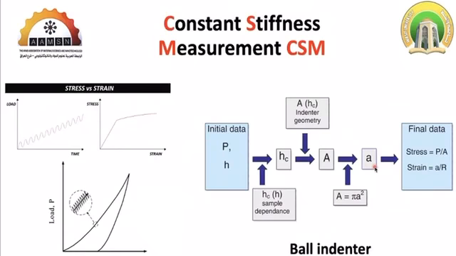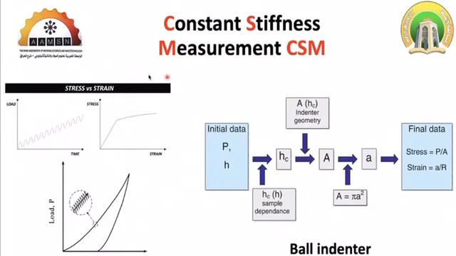From the radius of the contact, we can follow these mathematical equations to define stress and strain. So by following this procedure, we have the stress and the strain at every single point of the loading curve. And by plotting them, we can build up the stress-strain curve for the material.